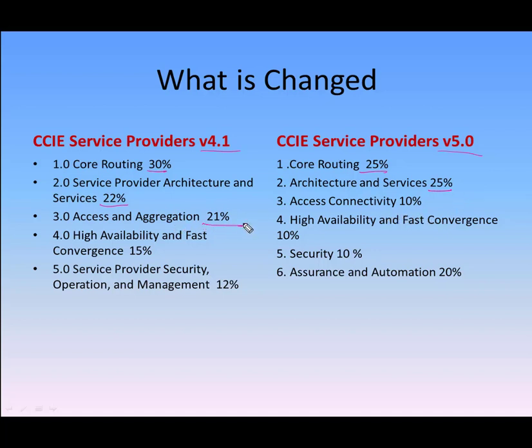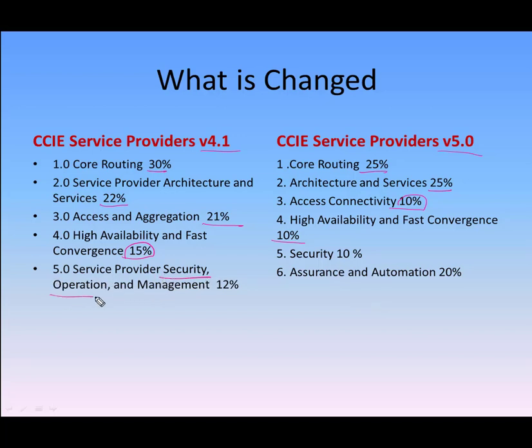Access and aggregation was 21%, and now it's called access connectivity, and that's been reduced to 10%. High availability and fast convergence remains the same topic, but as you see, it's reduced by 10% in the new exam.